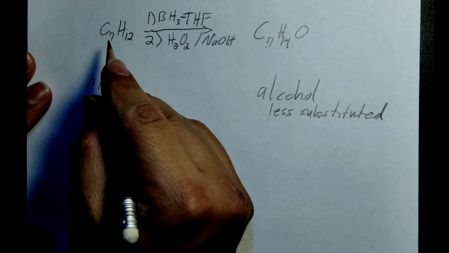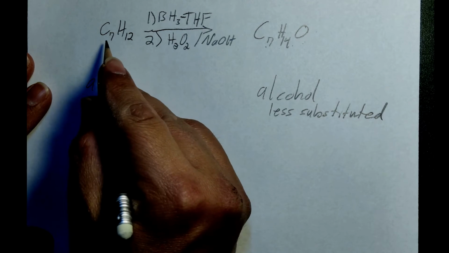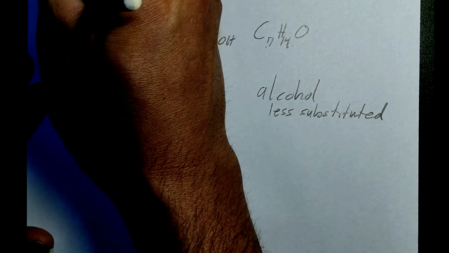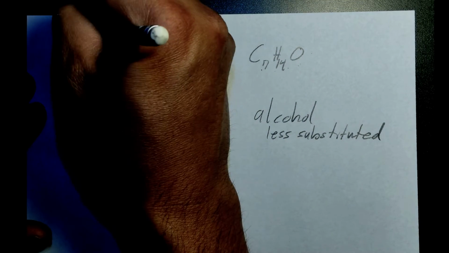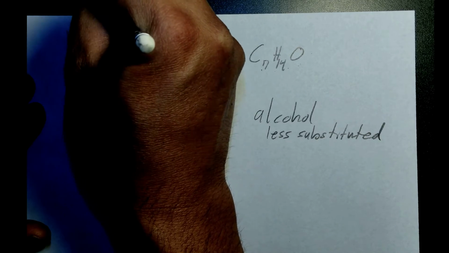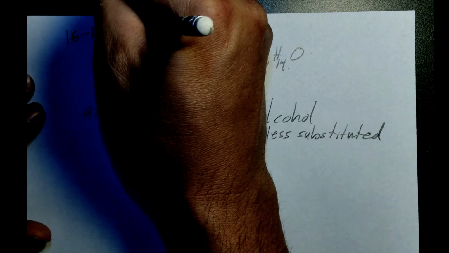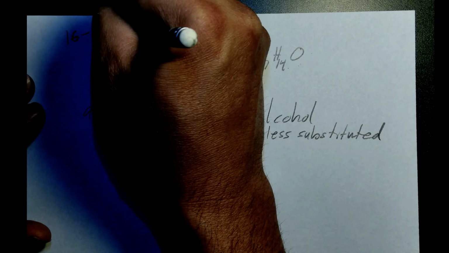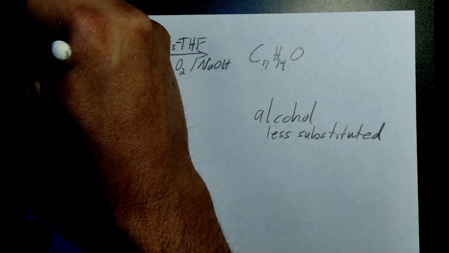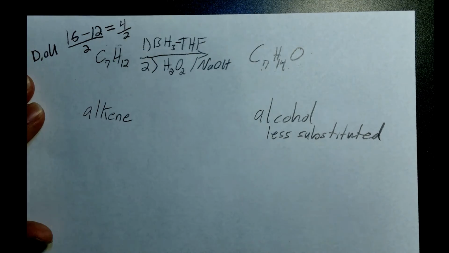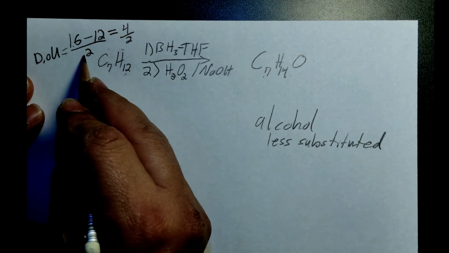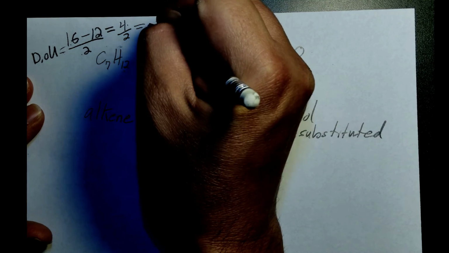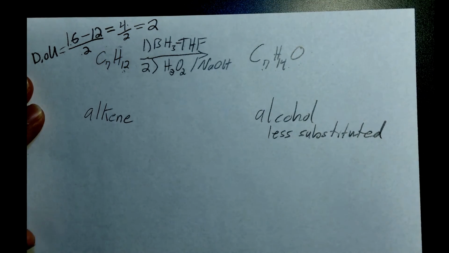Now, real quick, let's do a degree of unsaturation calculation. There's 7 carbons, so that should be 16 H's if it's fully saturated. However, we have 12. So 16 minus 12, what we actually have, divided by 2, which is 4 divided by 2, is 2 degrees of unsaturation.